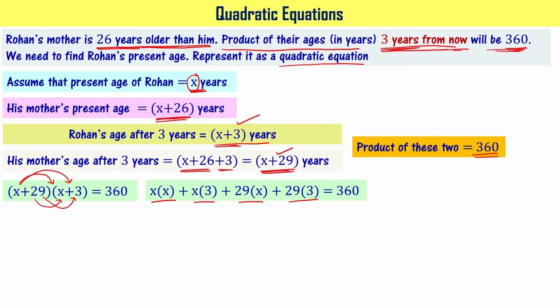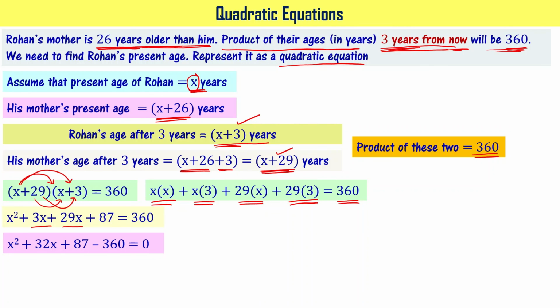You simplify this further and write it as x square plus 3x plus 29x plus 87 equal to 360, right? 3x plus 29x, that is 32x, right? That's why I have written the equation as x square plus 32x plus 87, and when you transpose this 360 to this side, you get minus 360, that is equal to 0.